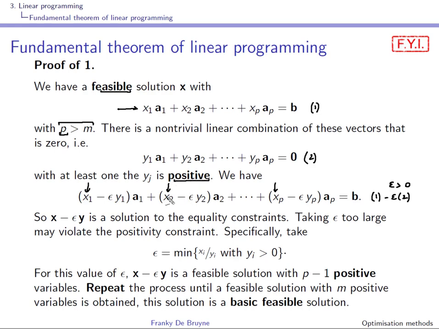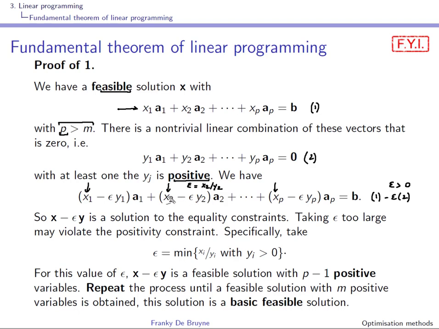taking something like x2 minus epsilon y2, and we'll assume here that y2 is positive, will decrease the coefficient when you increase epsilon. And at one stage, if you choose epsilon equal to x2 divided by y2, you'll produce a 0.